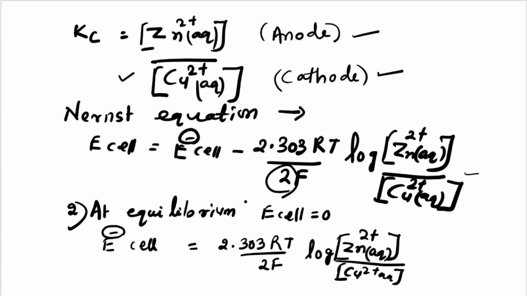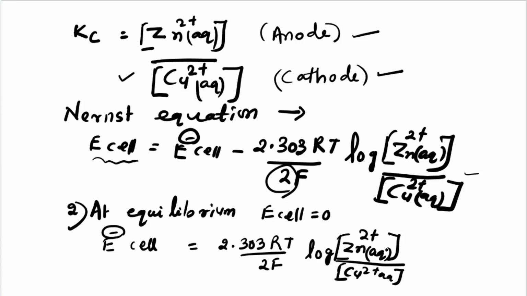At equilibrium, you know E cell is 0 and the voltmeter reading is 0. Then if at equilibrium E cell equals 0, what is the value? Because this value is 0, then E0 cell equals, the minus sign will be omitted, 2.303 RT by 2F log of Zn plus 2 aqueous over Cu plus 2 aqueous.